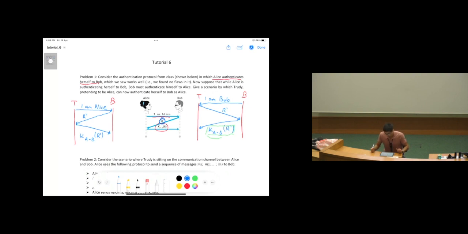Then one question arises: how can we prevent this kind of attack? It's not in the question here, but let's think about it. Well, for one thing, we can have Bob keep a record of all the nonce values that he sent, so that if the challenge he received is the same as a challenge he sent, that won't be accepted as a proper authentication.